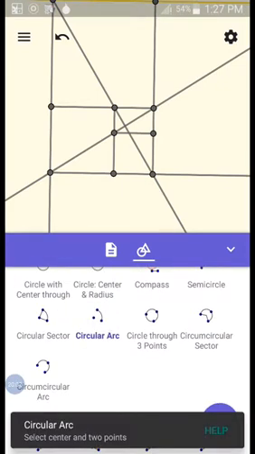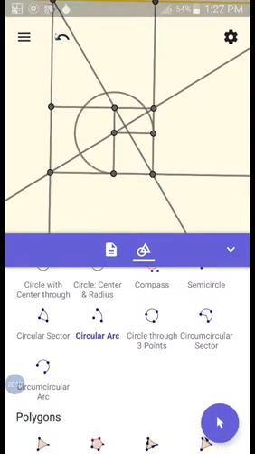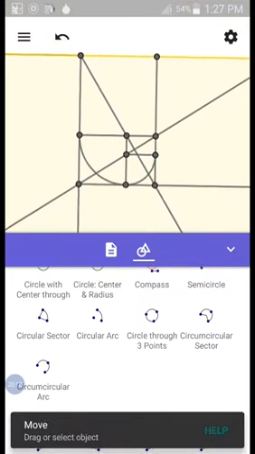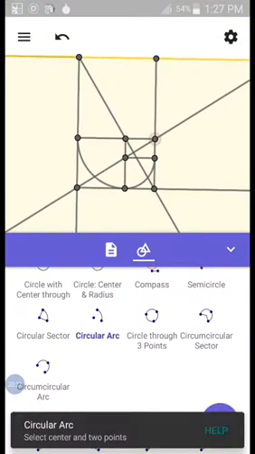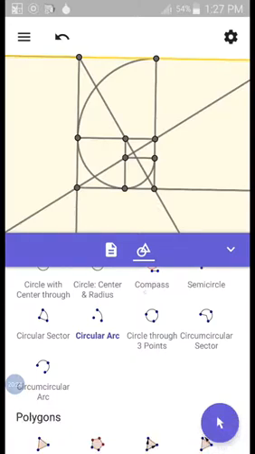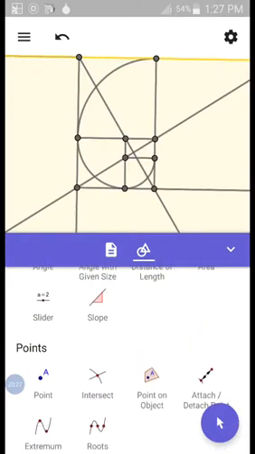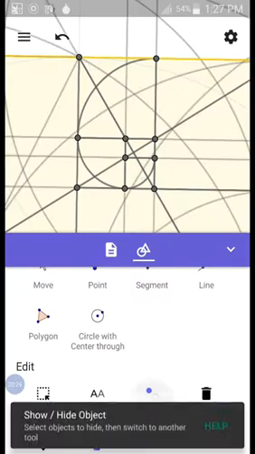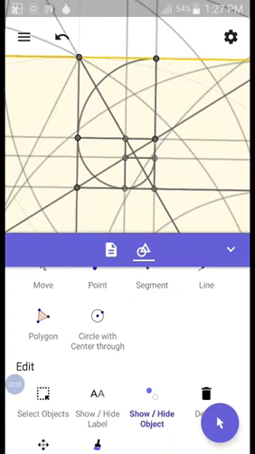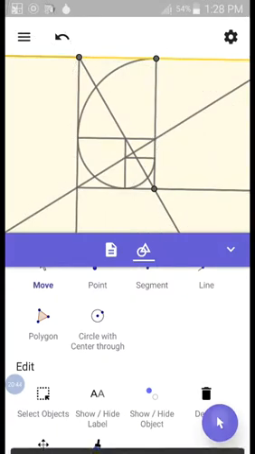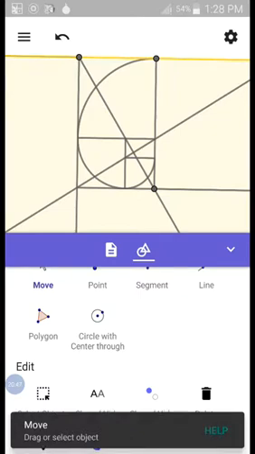Okay, I'm going to hide a few of these points. In fact, I'm going to need that one.